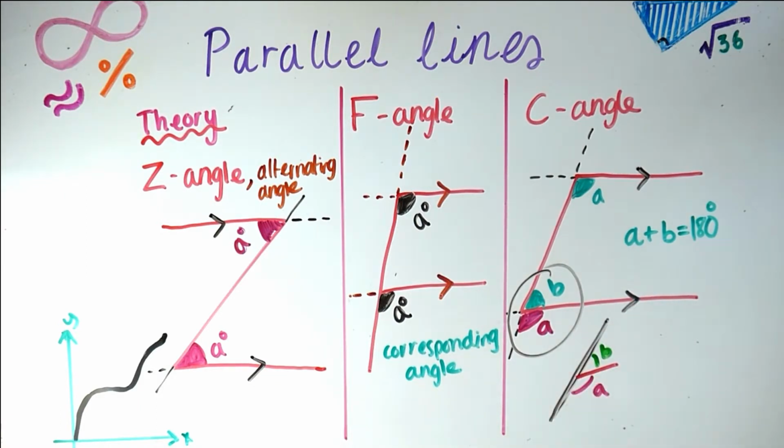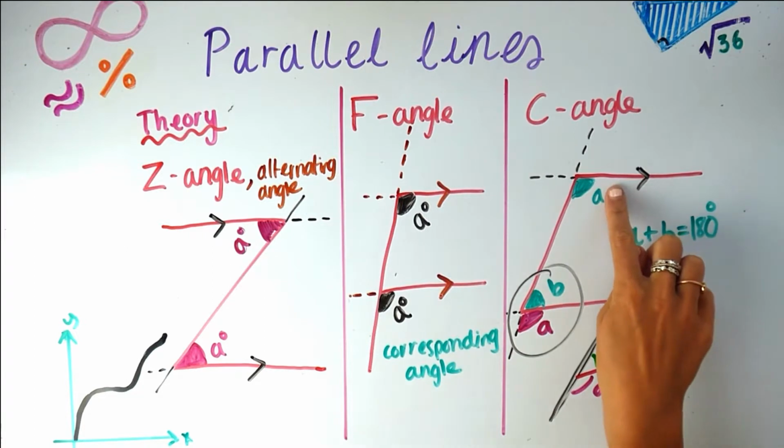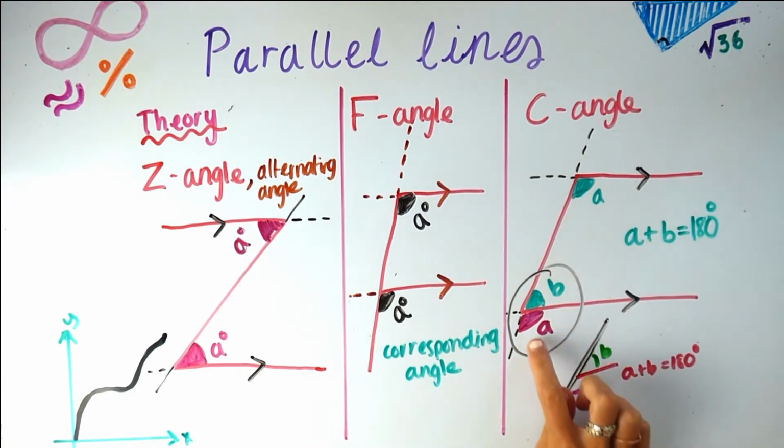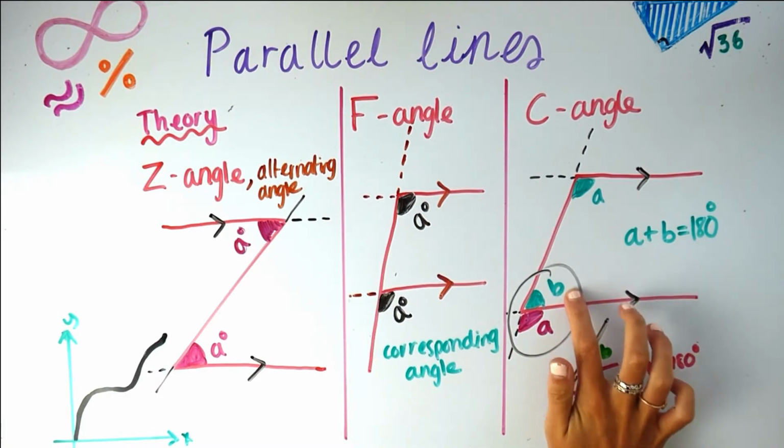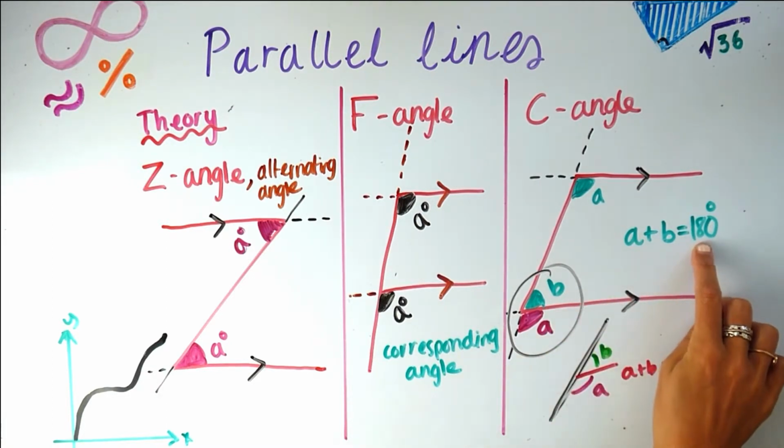What do we know about straight lines? We know that on a straight line, the angle all the way around is 180 degrees. So this confirms that A plus B equals 180. We've just shown how, because this is A from our fangle knowledge, and this is on a straight line, so A plus this angle here, which we've called B, has to add up to 180.